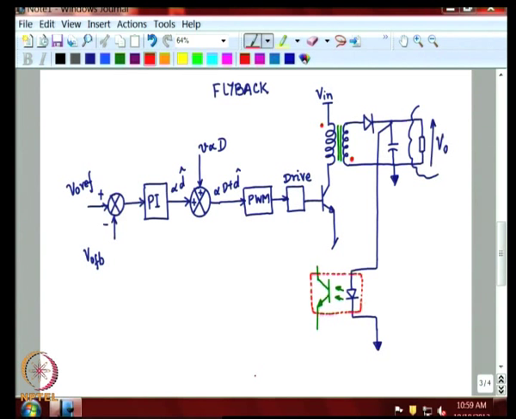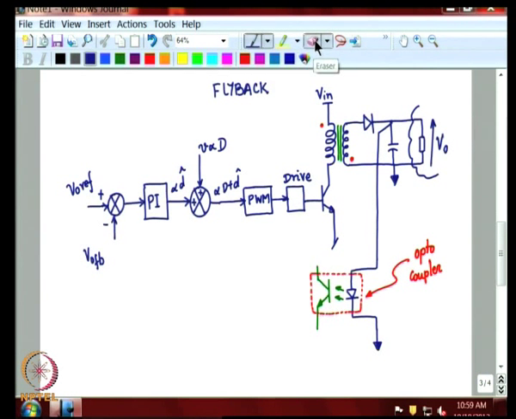In this form. So, this is the opto coupler.